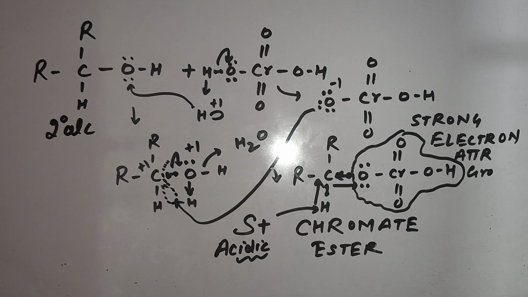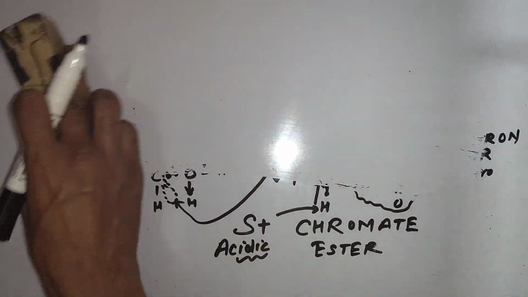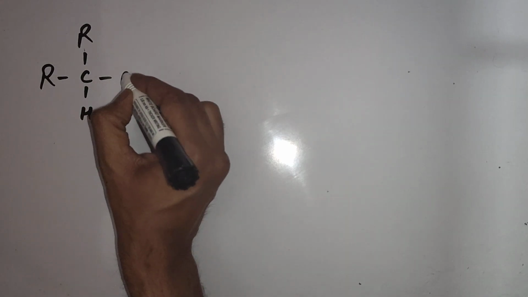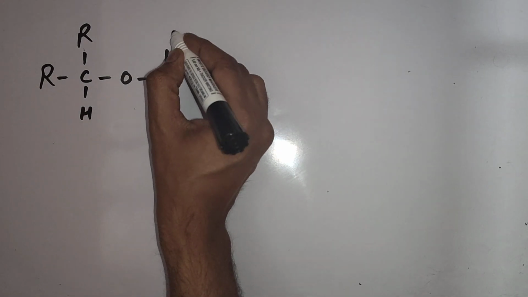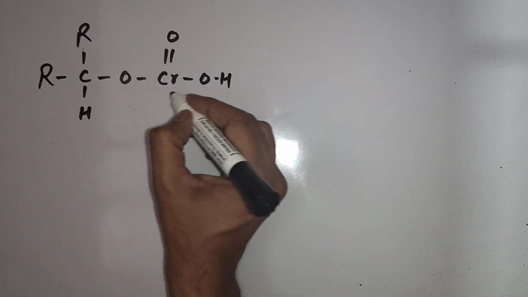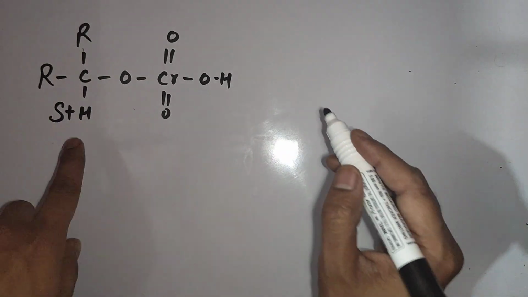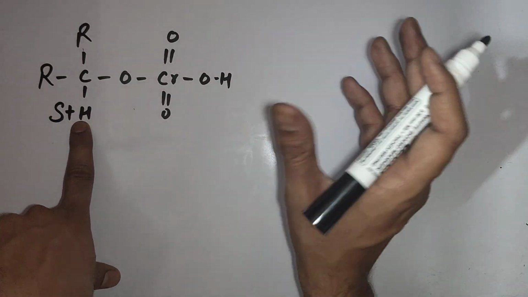In the previous video also we have understood it. Now let's check what will happen next. This hydrogen is highly positive, means acidic, so it will be attacked by base.